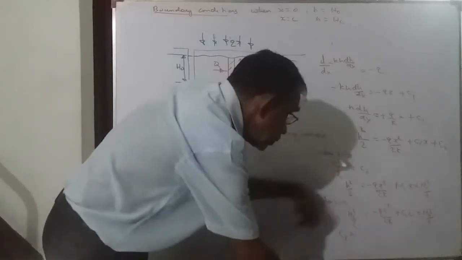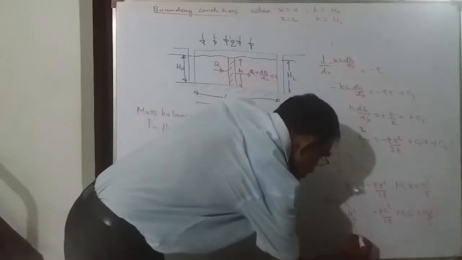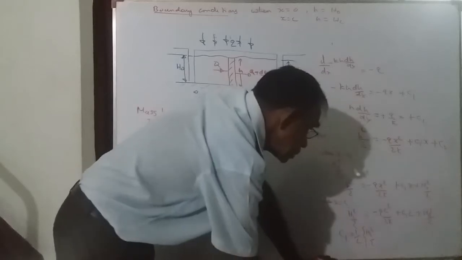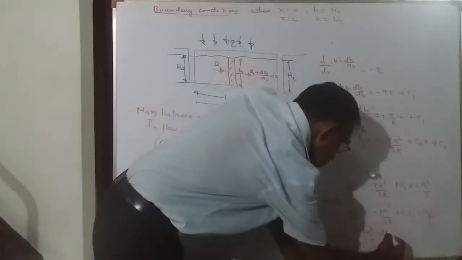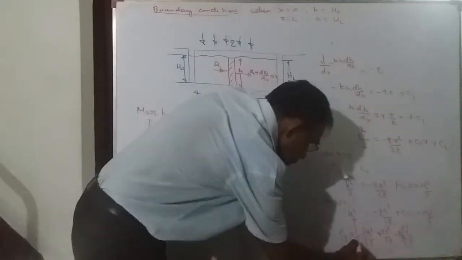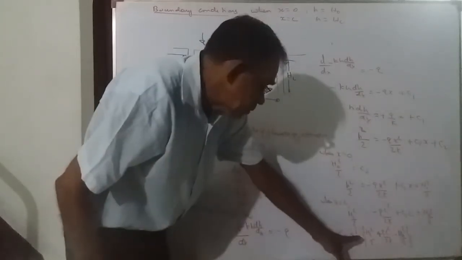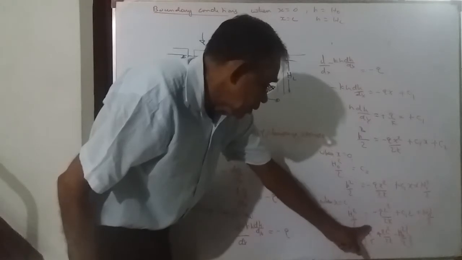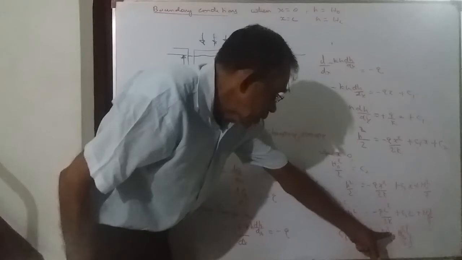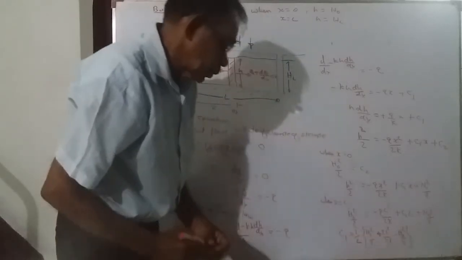You can bring all the other terms aside, so c1 is equal to 1 upon L times hL squared divided by 2 plus q L squared divided by 2k minus h naught squared divided by 2.